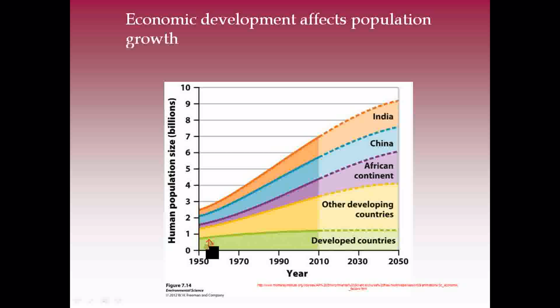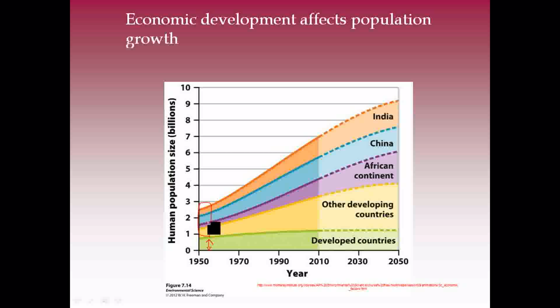So in 1950, things weren't looking all so bad. But you have to remember, all of these are developing countries here. So when you add all of them up, you go from about 0.75 up to about 2.75. And you can see that 2 billion, almost twice as much as the developed countries back in 1950.